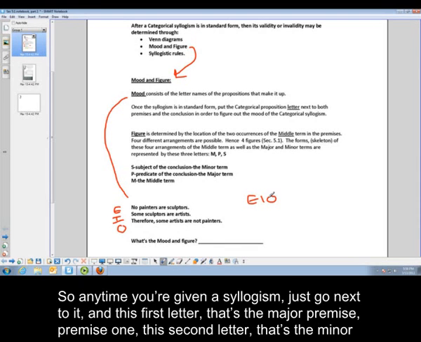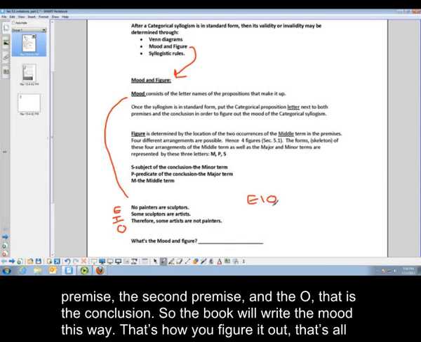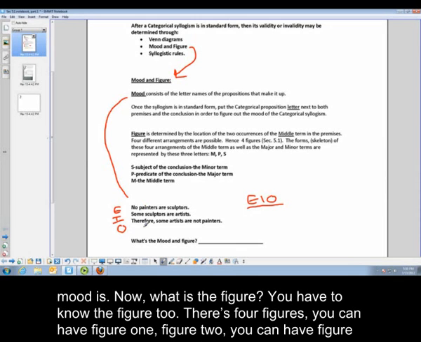So anytime you're given a syllogism, just go next to it, and this first letter, that's the major premise, premise 1. This second letter, that's the minor premise, the second premise, and the O, that is the conclusion. So the book will write the mood this way, but here's how you figure it out. That's all mood is.